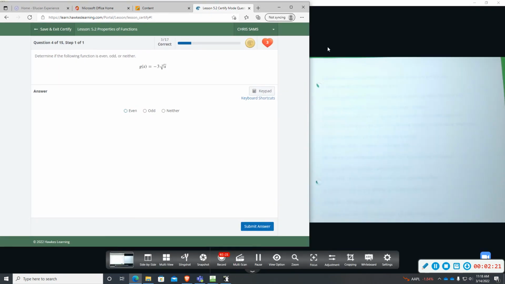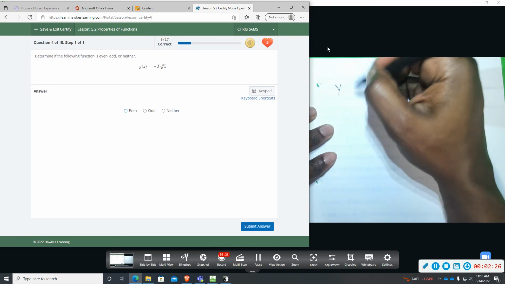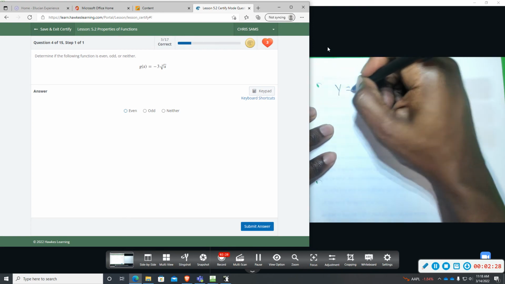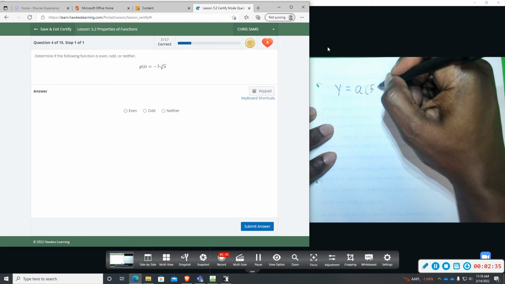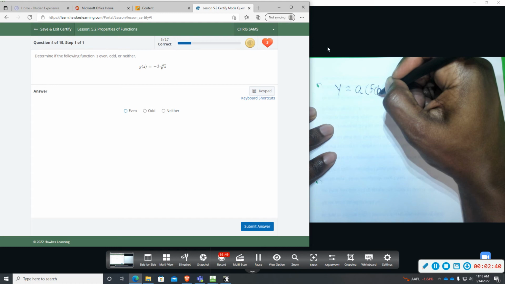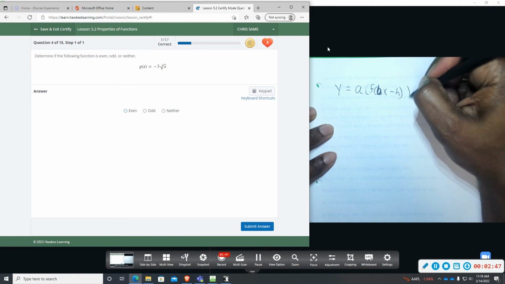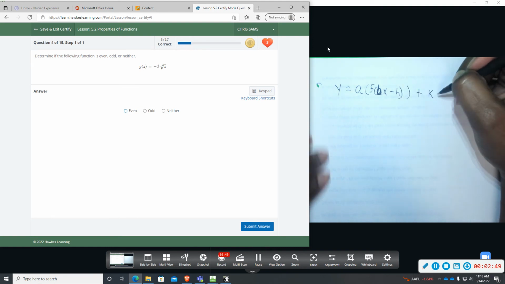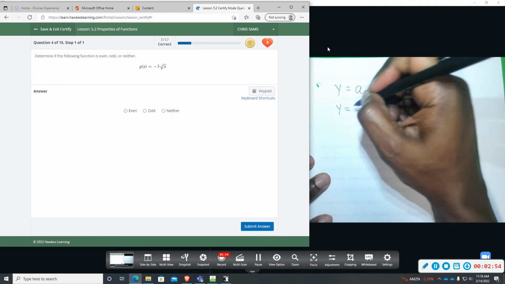So with this type of function, what I'm wanting you to understand is that in the same way that we have that parent function, this is a times b x minus h, and then plus k. So in the same way that we have this function, all equations can be written in that form.